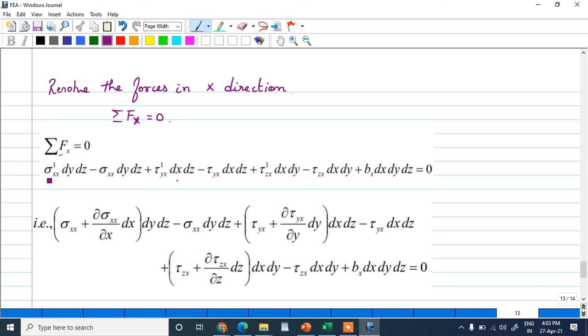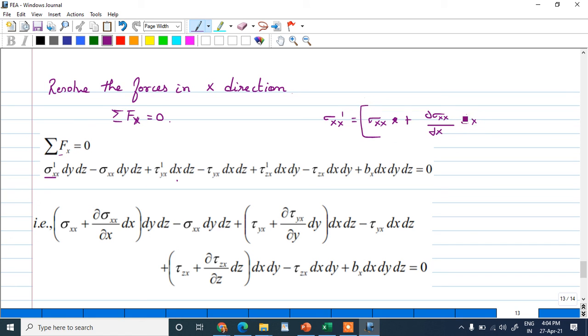Now what we are doing, we are substituting sigma xx prime, which is the stress on the positive face. The formula is the stress on the negative face, that is sigma xx, plus the partial differentiation of the same sigma xx with respect to x, multiplied by dx.